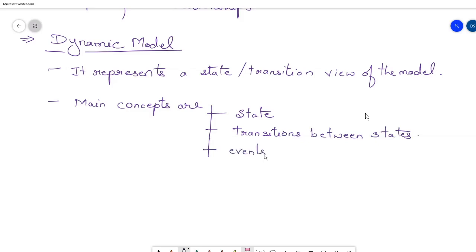What were those events that triggered transitions? Events to trigger transitions.